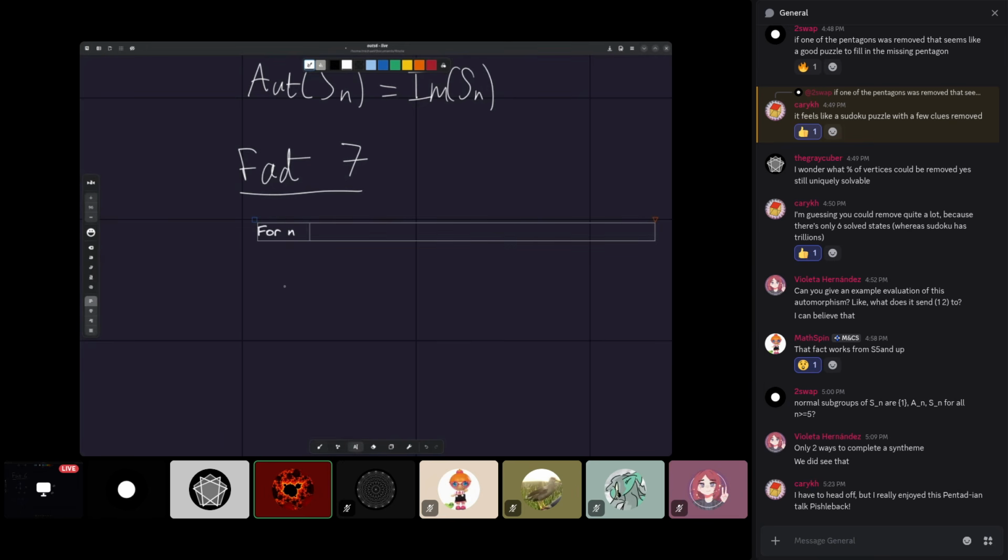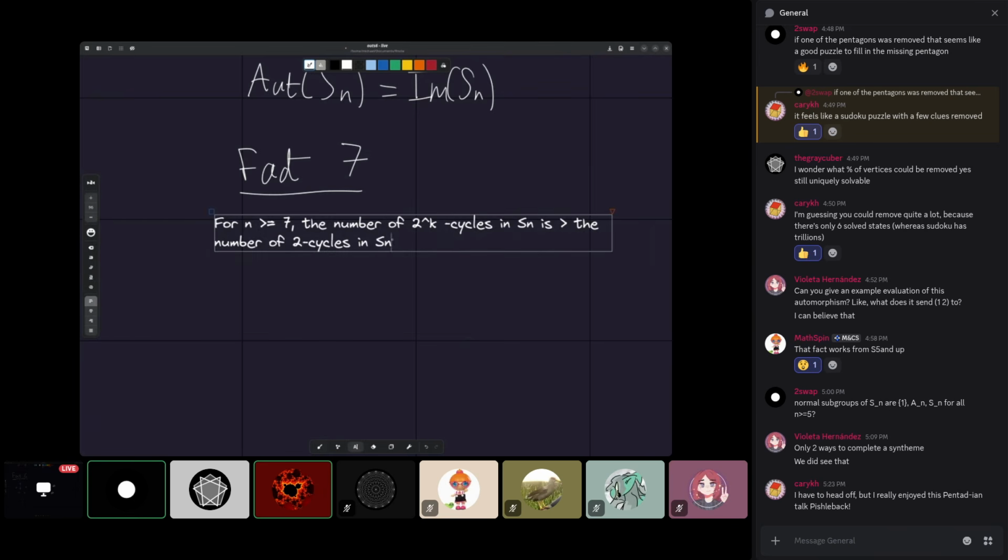For n bigger than or equal to 7, the number of 2 to the k cycles in Sn is strictly bigger than the number of 2 cycles in Sn, and then hopefully by the stuff we did earlier, that implies all automorphisms are inner.